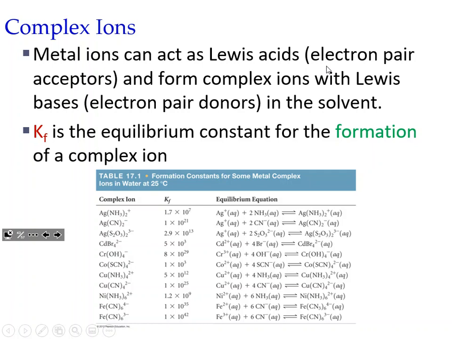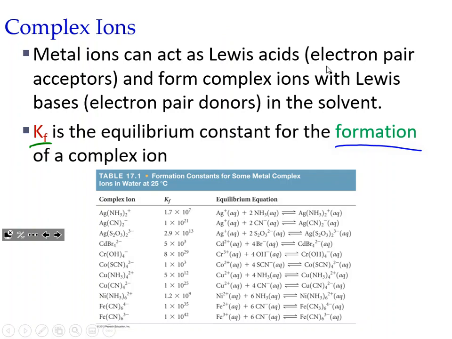I've never seen any chemical species like that before. Well, as you see here on this table of complex ions, now instead of calling it Ksp or Ka or Kb or Kc, they call it Kf for a complex ion. Kf because it's for the formation of the complex ion.